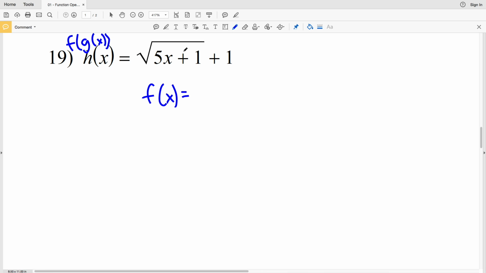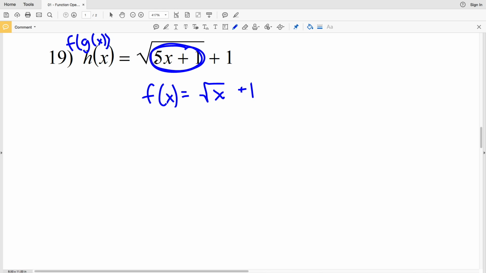So let's say that f of x is the square root of x plus 1. If f of x is the square root of x plus 1, because remember we don't want to have the identity function, so we don't want something like x plus 1.